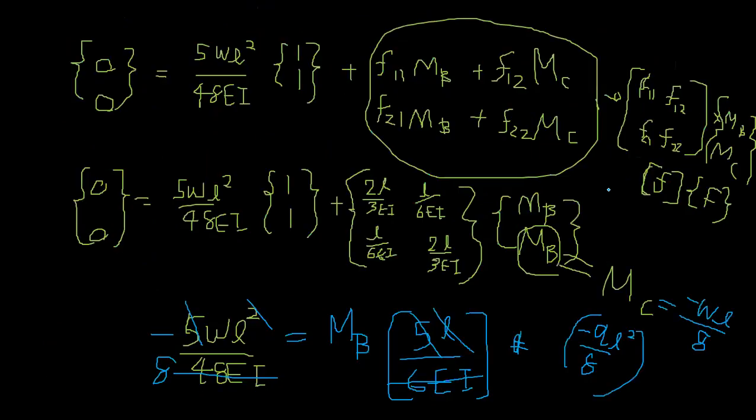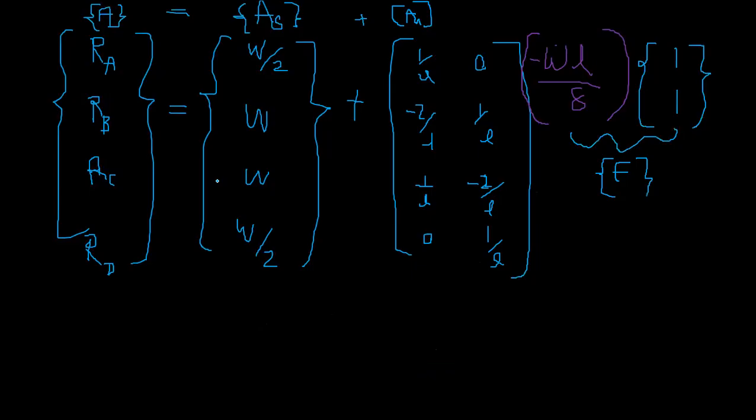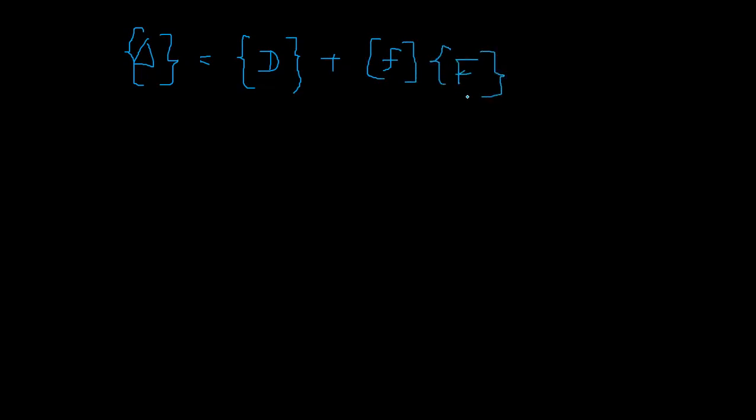So if you found this, so there are two steps, right? First, you determine the delta. So we check the compatibility of the original structure is equal to the shape in the primary structure, right? Into F into force matrix, right?